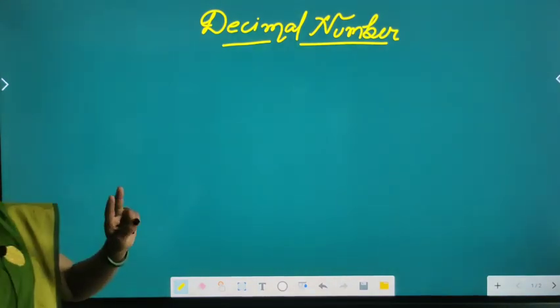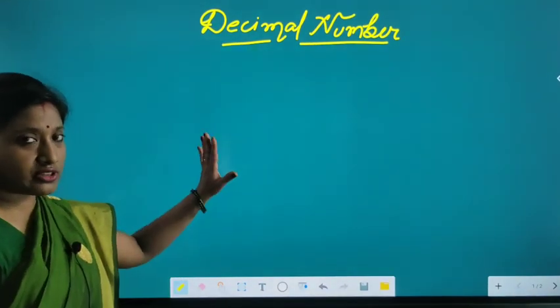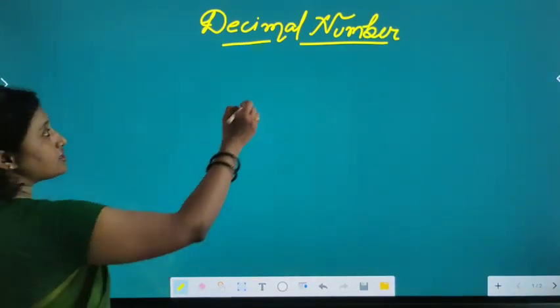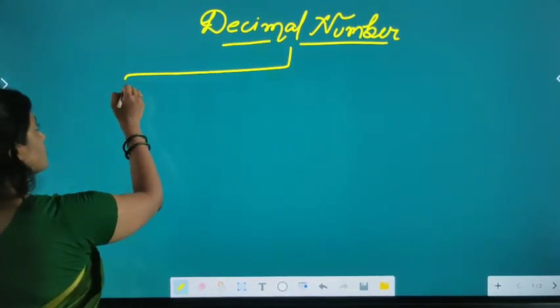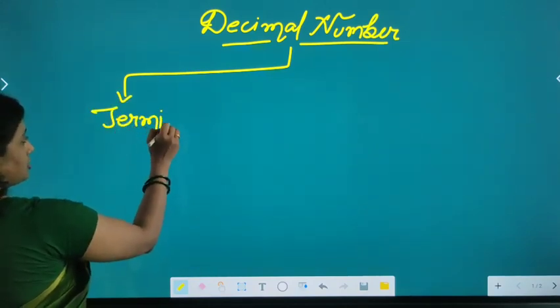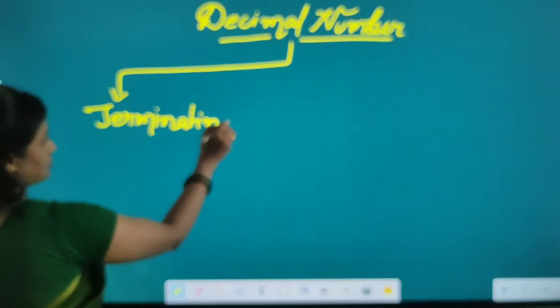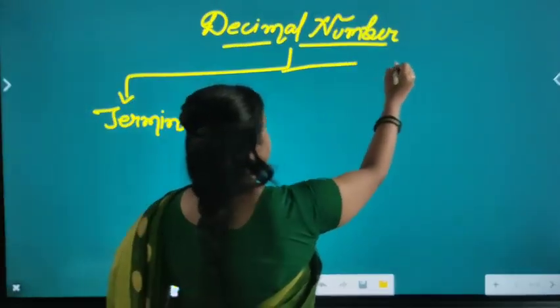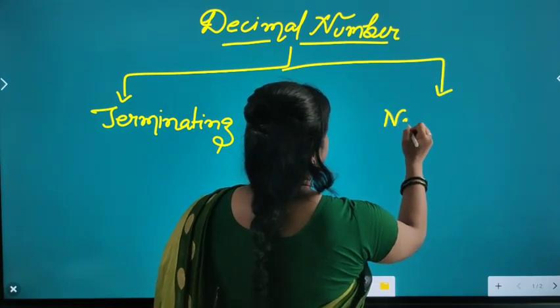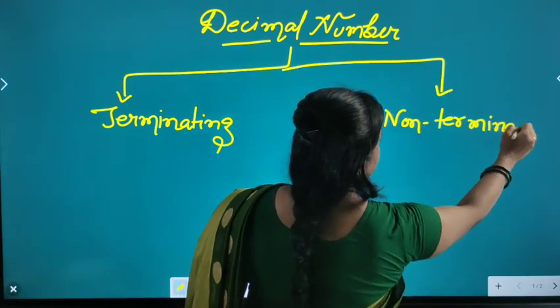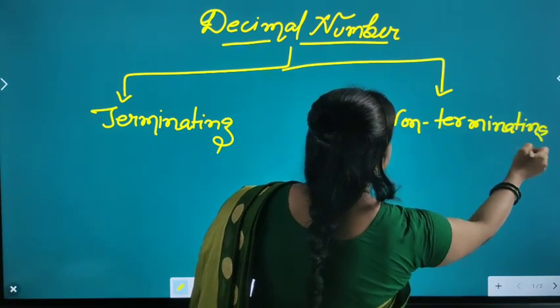This decimal number falls under two categories, which I have just explained. I am making a flow chart here for your convenience. Decimal number will come under two categories. One is terminating, and I have explained what terminating decimal numbers are. And the second falls under the category of non-terminating.